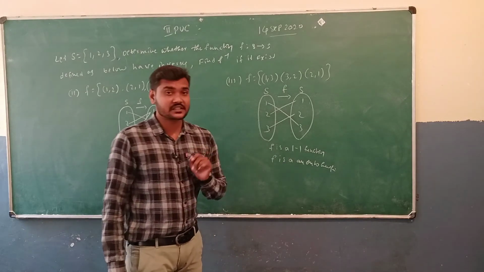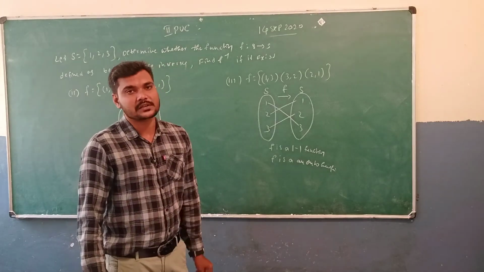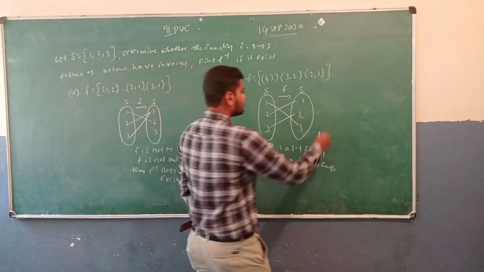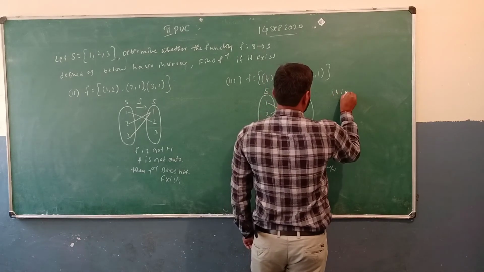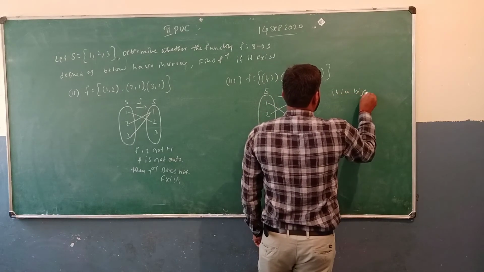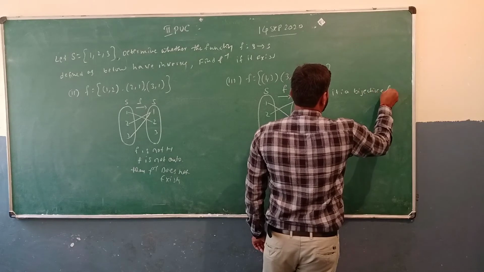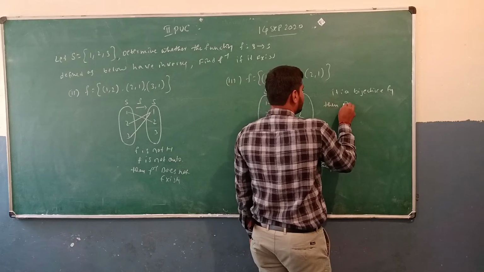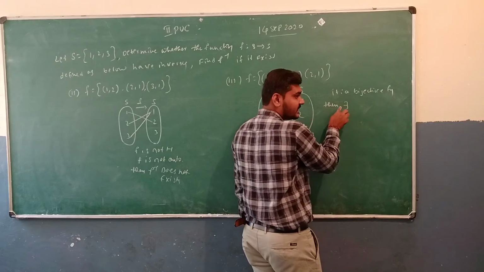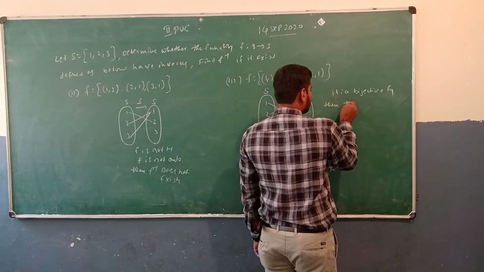If the function is a bijective function, then there exists an inverse function. So what is the inverse function? Observe, it is a bijective function, then there exists f inverse. This symbol is called 'there exists', or we can write it in words.